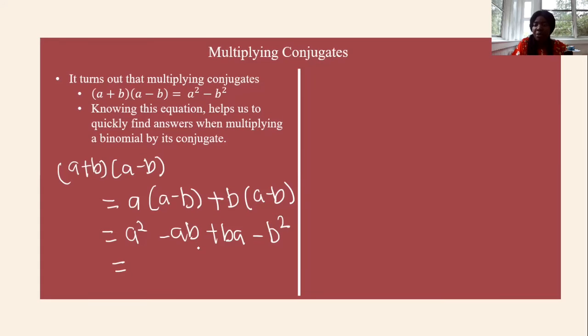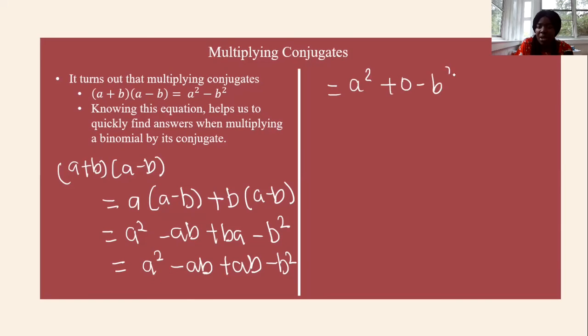Because of the commutative property, ab is equal to ba. So negative ab plus ba is just 0, okay? So I have a squared, and let me rewrite this as minus ab plus ab, minus b squared, so that you can see how it's 0. So this is equal to a squared plus 0 minus b squared. So I end up with a squared minus b squared, as I said in the beginning.